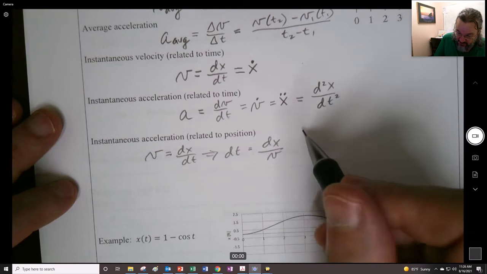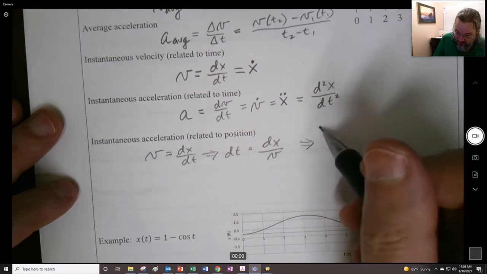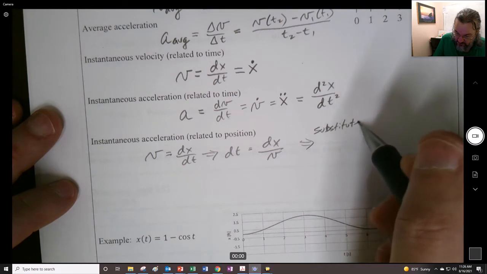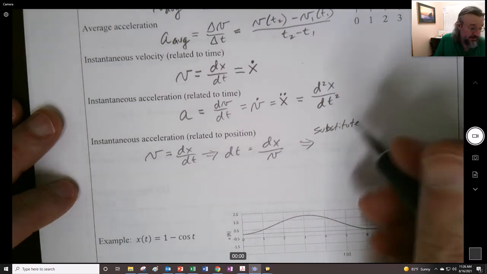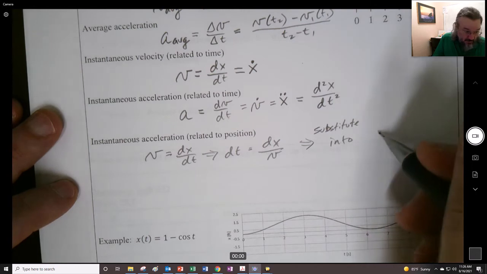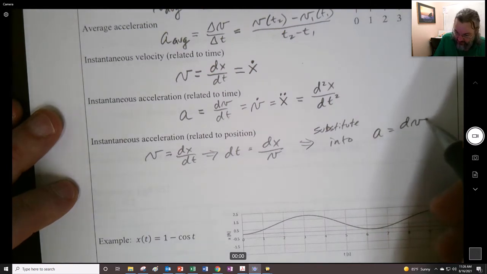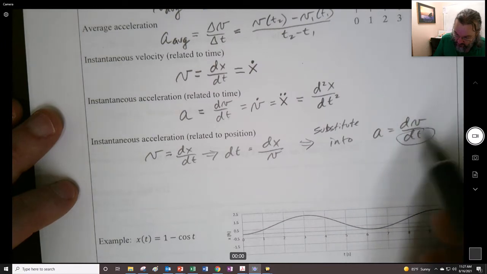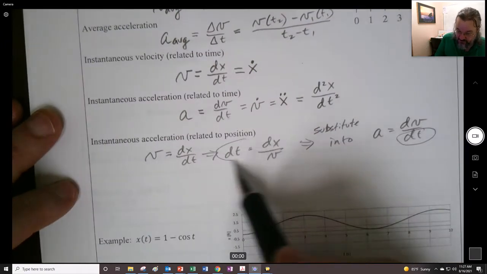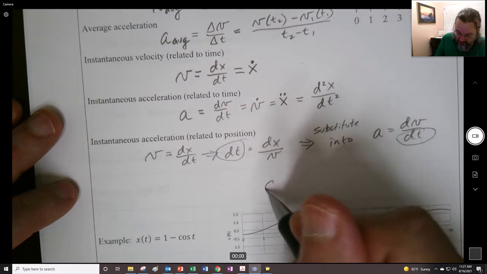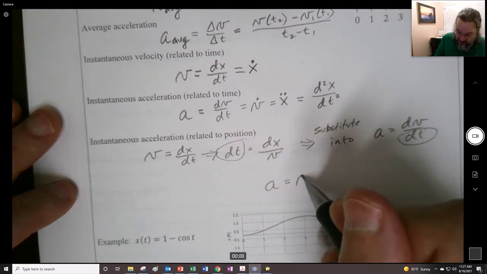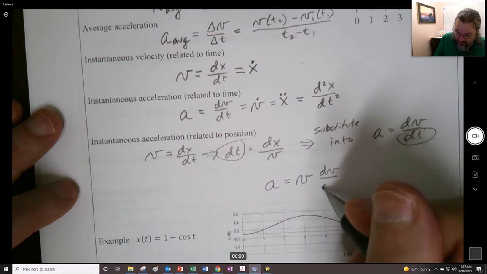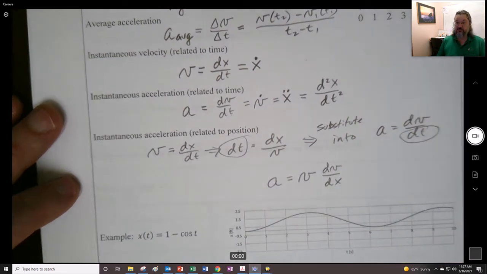So if we substitute this into a equals dv/dt right there, we end up with the acceleration equal to the velocity times dv/dx.